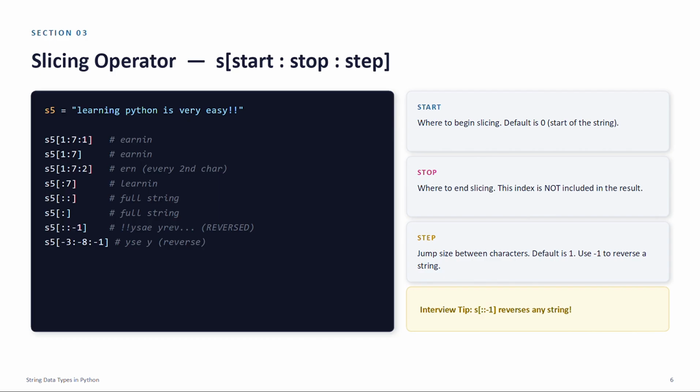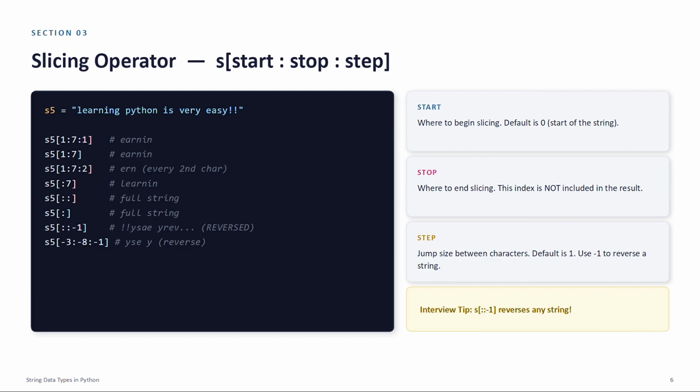Again here I am not passing any start value, stop value or step value. So here the output should be printed as the full string. Now in the second last example, I am not passing any start and stop value, but I am passing the step value as -1. So the string will be moved in reverse till the end.